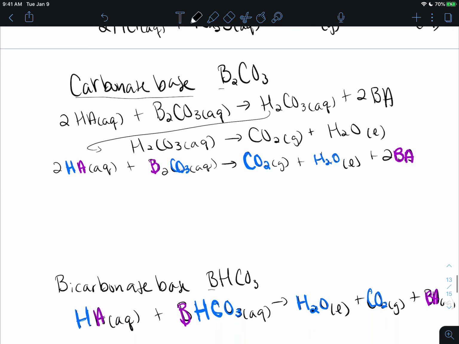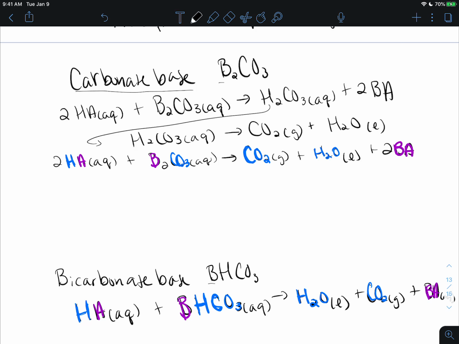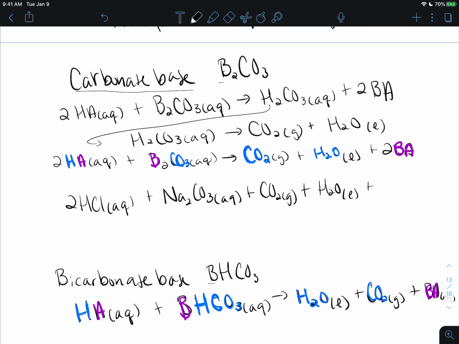Okay. Carbonate base, we're just going to do hydrochloric acid again. 2HCl is going to react with, let's do sodium carbonate. And we're going to produce carbon dioxide, water, and sodium chloride.